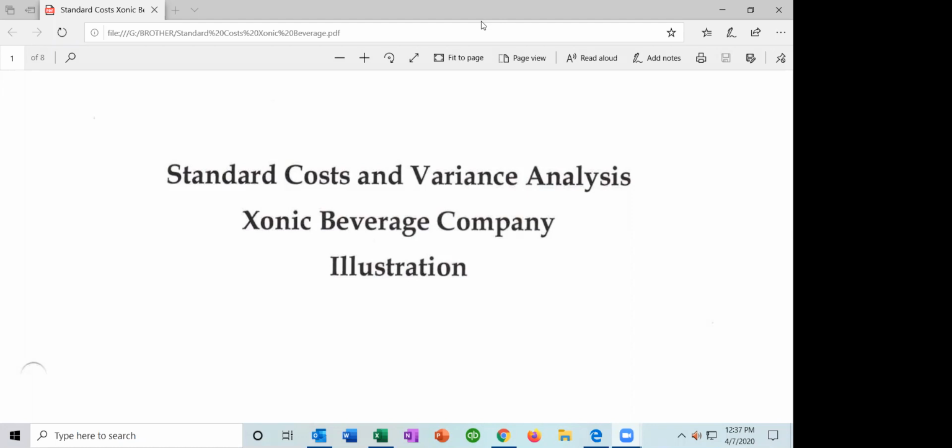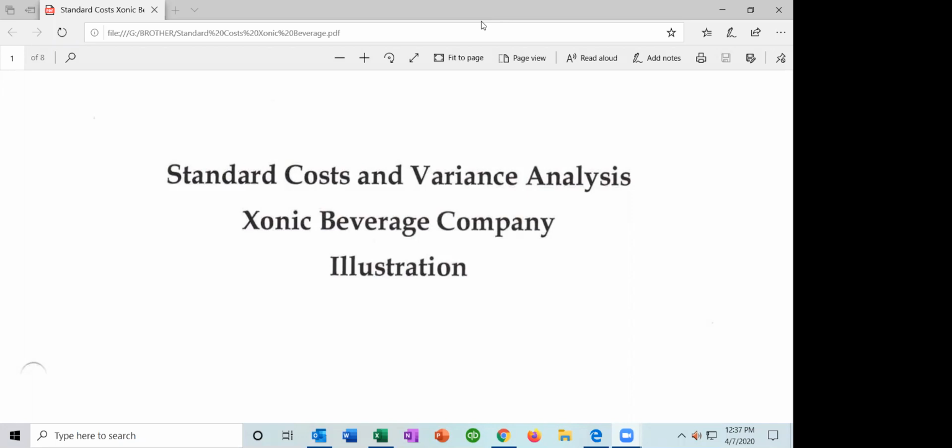And that is probably one of the most important aspects of variance analysis, because when we look at the standard, that is what should have happened using the budget assumptions, the flexible budget. Remember, we had a static budget, which was a plan based upon an estimated level of output.